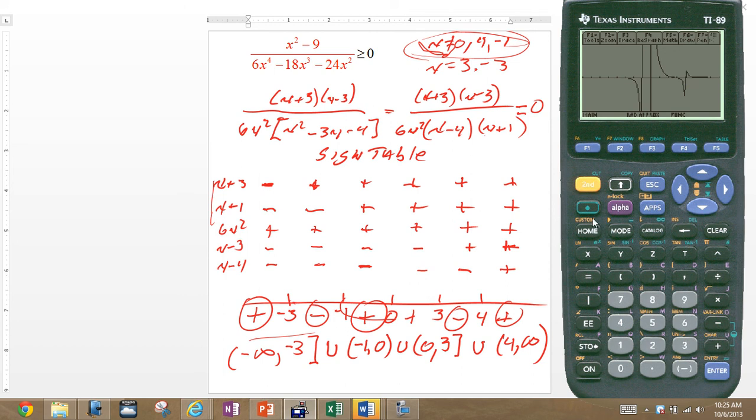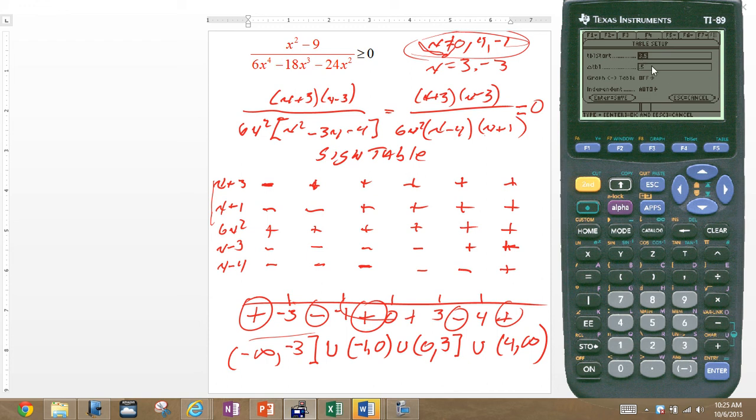So I just want to illustrate for you using the calculator how we can take a look at that from the numbers. So we're going to look at the table. Now, before we look at the table, we have to set it up. So if we press diamond F4, we get the table setup. The table setup will tell you where you want to begin.